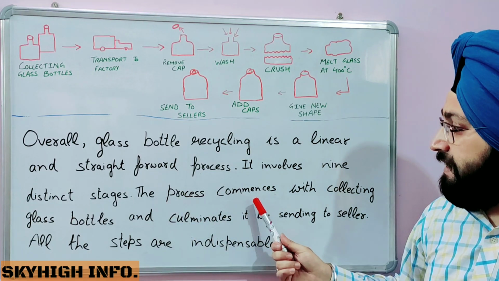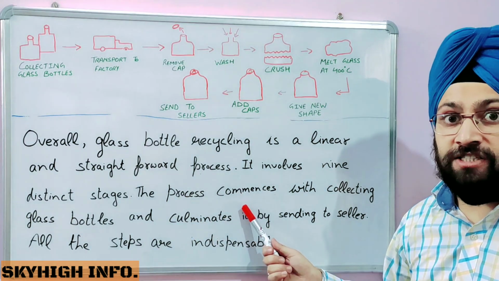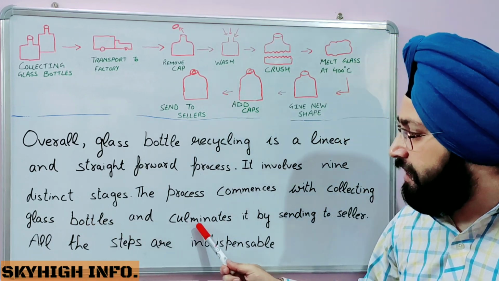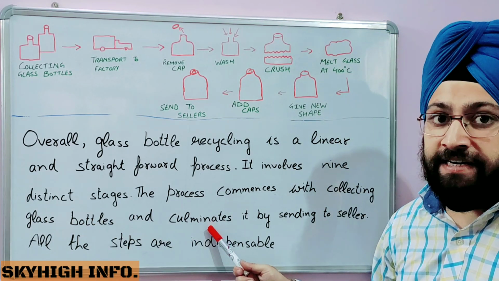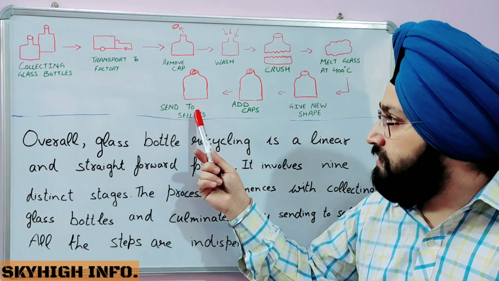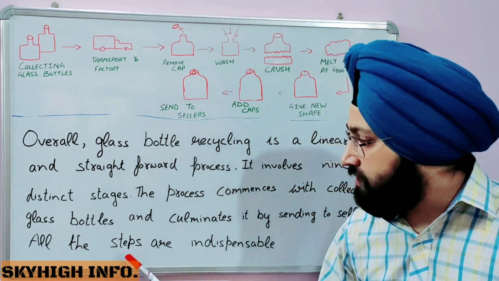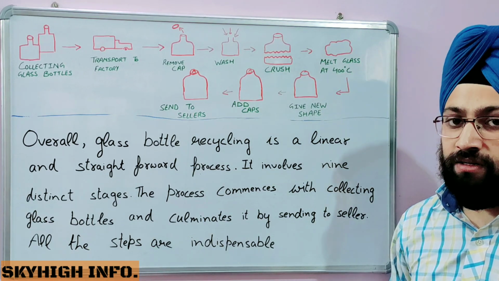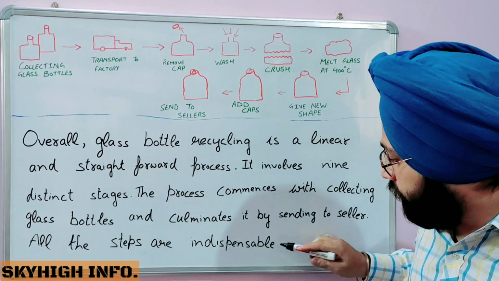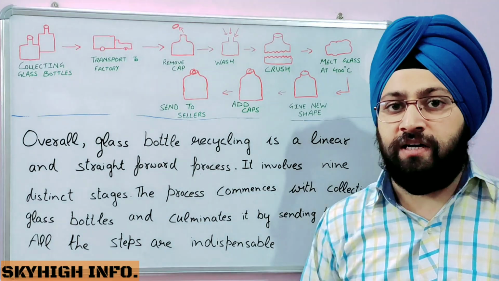The process commences, which means begins, with collecting glass bottles and culminates, which means climaxes, with sending them to the sellers. All the steps are indispensable, which means all steps are very important. So this was the end of your Task 1.